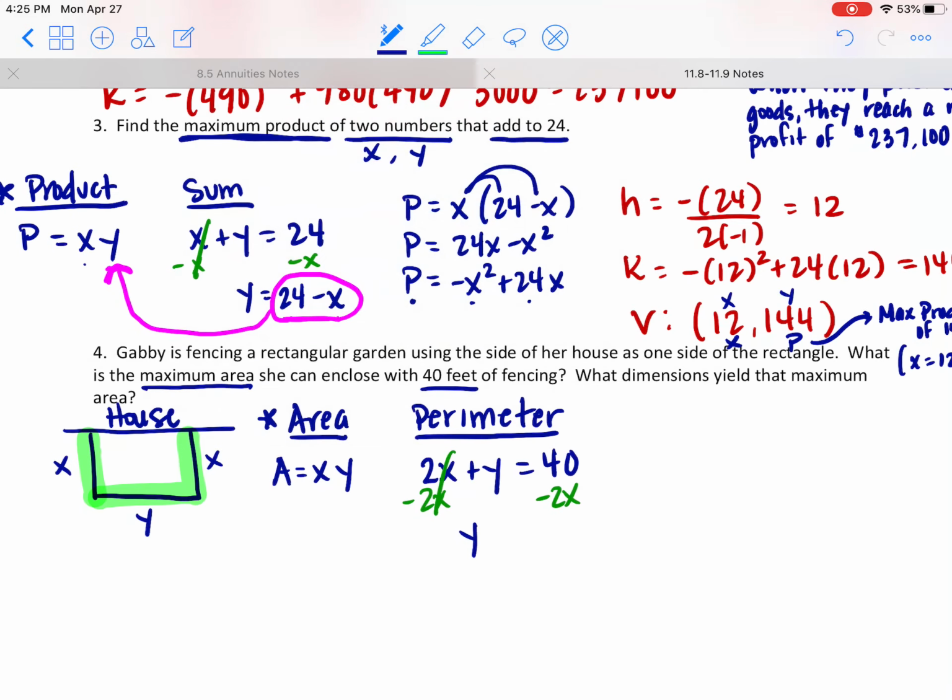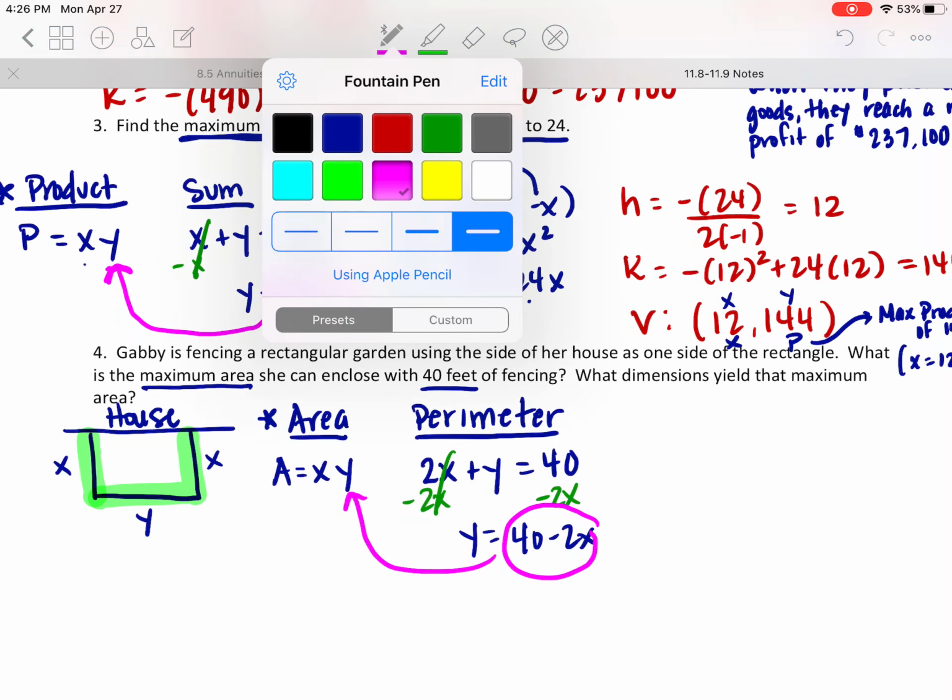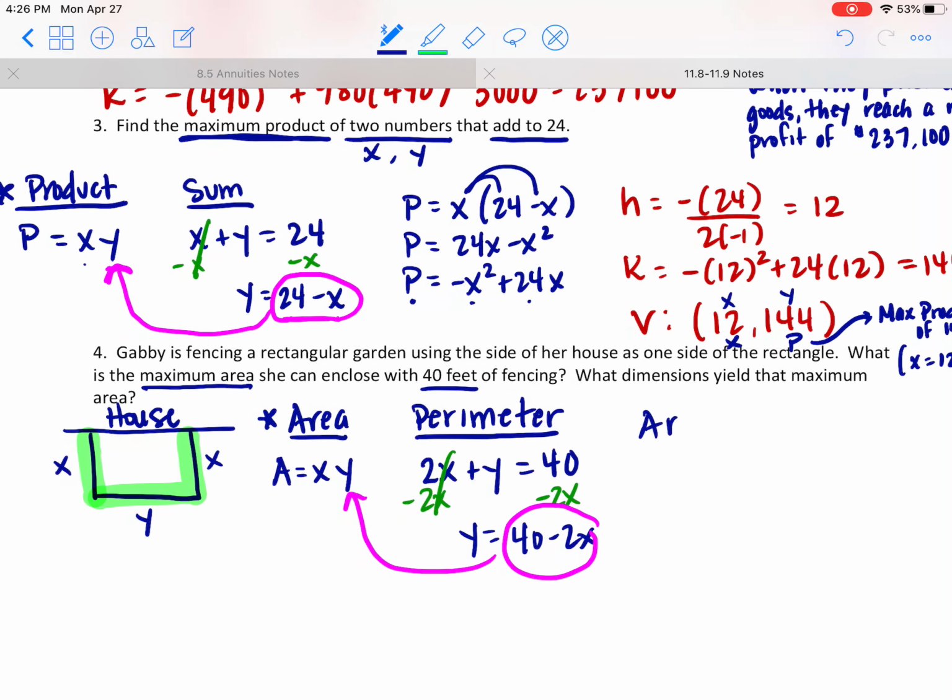This equation has to be a quadratic, but instead of an x times an x, or an x squared, it's got an x times a y. So let's get rid of the y. If I use my perimeter equation and subtract the 2x over, I can see that y is equal to 40 minus 2x. So then I can replace y with 40 minus 2x.